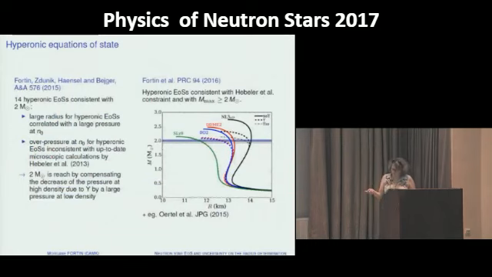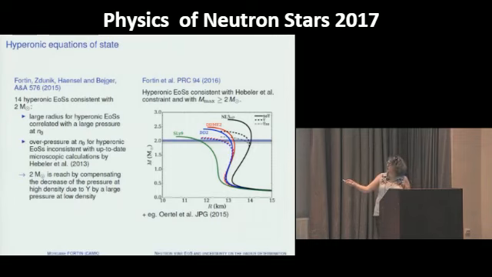In a paper a couple of years ago with my collaborators at Copernicus Center, we had a look at all the equations of state for hyperonic matter that were consistent with two solar masses at the time of the publication, and we found that the problem all of them had is that, in order to be consistent with two solar masses, they had to compensate for the decrease of the pressure at high density by making the pressure much larger at low density. And this very large pressure at low density was actually inconsistent with calculations that were mentioned in the previous talk and that I mentioned before.